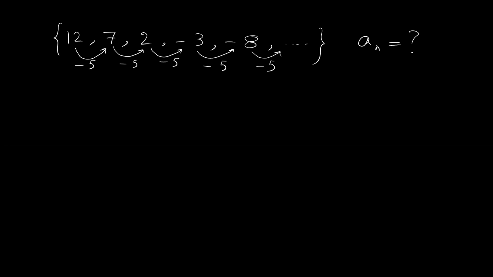This is another example of an arithmetic sequence. And so we can use this formula again to find the general term of this sequence. a sub n equals a sub 1, which means the first term, which in this case is 12, plus n minus 1 times d, which is the common difference.